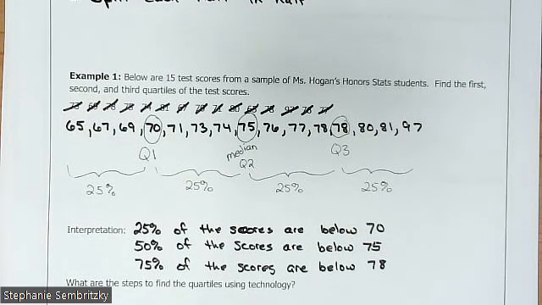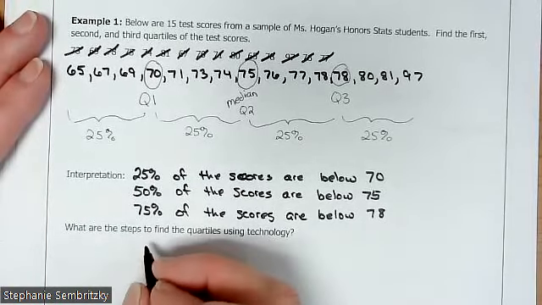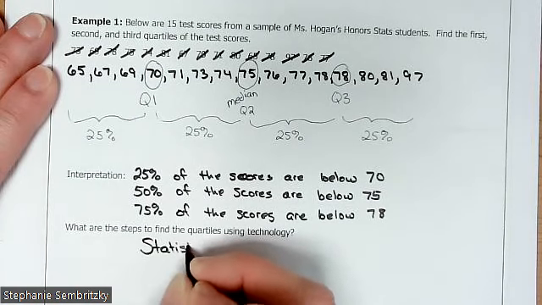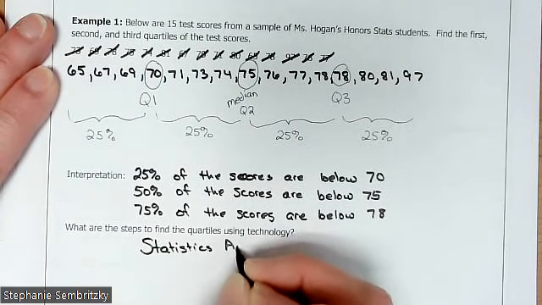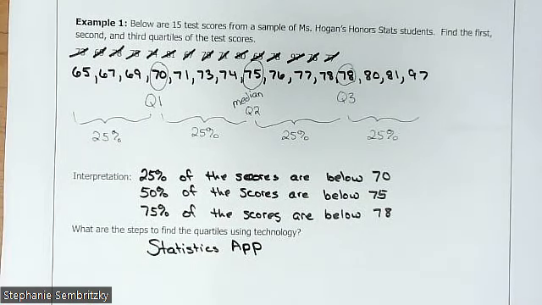Now let's also do this using technology. So in the NumWorks calculator, we're going to go to the statistics app like we always do. And we're going to put our data in.